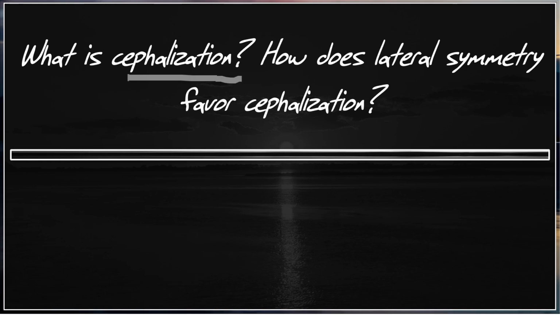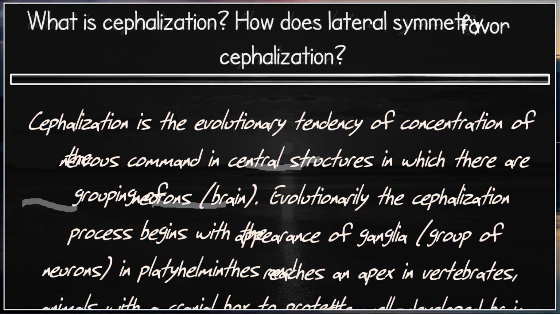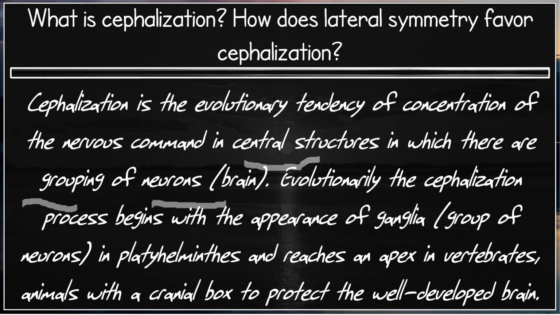What is cephalization? How does lateral symmetry favor cephalization? Cephalization is the evolutionary tendency of concentration of the nervous command in central structures, in which there is grouping of neurons, that is the brain.